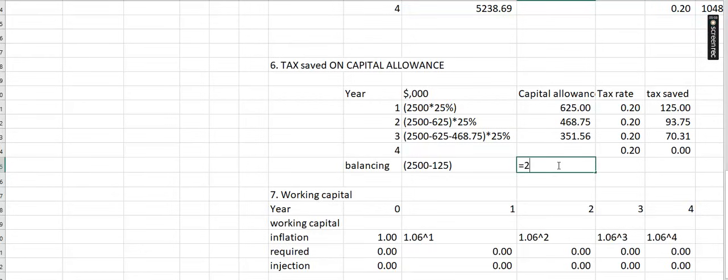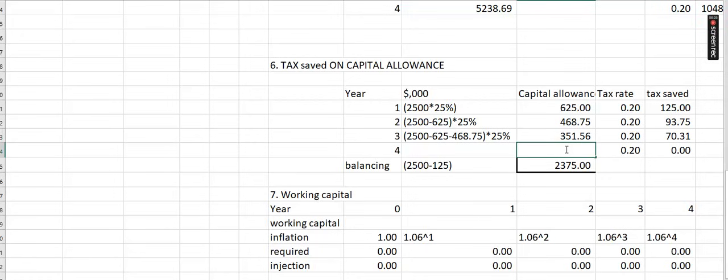In reducing balance, we believe that the total depreciation for the whole period is the difference of your cost and scrap value. Now, if we know the total depreciation from year 1 to 4, and we know depreciation from year 1 to 3, then we can find the depreciation for year 4.